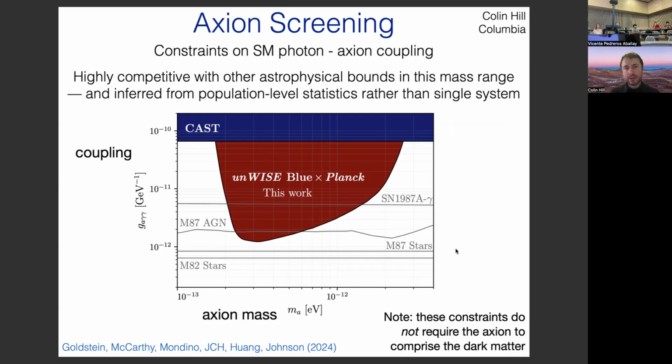But in our case, you would see a correlation because the relevant resonant conversion is happening within dark matter halos. That leads to a correlation between the positions of the dark matter halos, i.e. the galaxies, and the CMB distortion that's induced. Thank you.